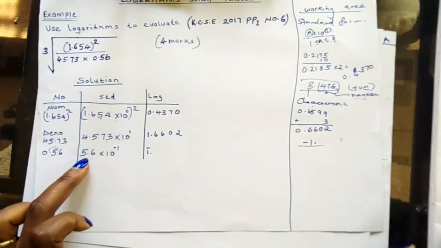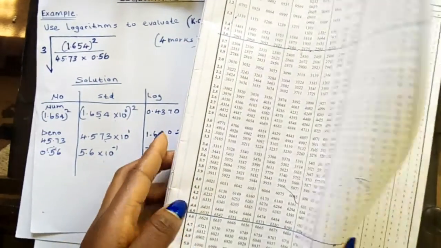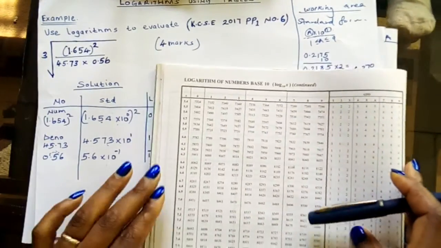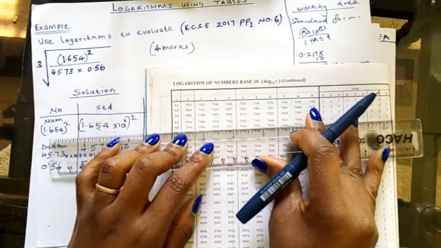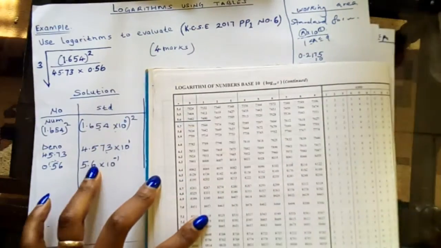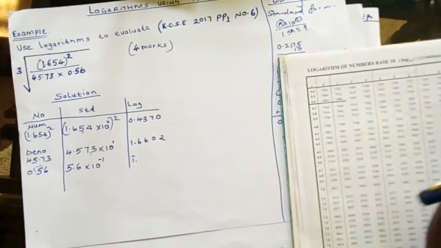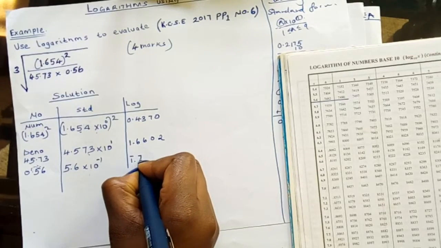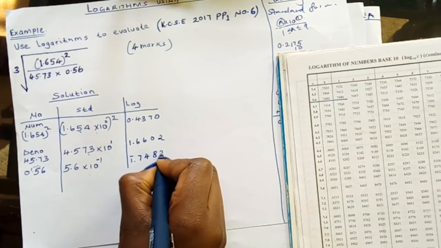So now because we have the number, we go to 5.6. This is where we have 5.6. So this is the log. So we are going to write directly bar 1.7482.